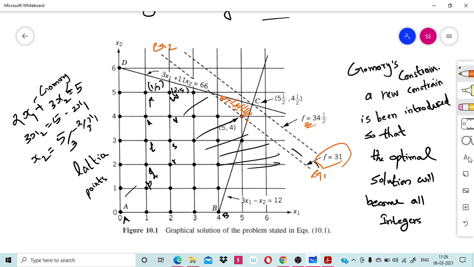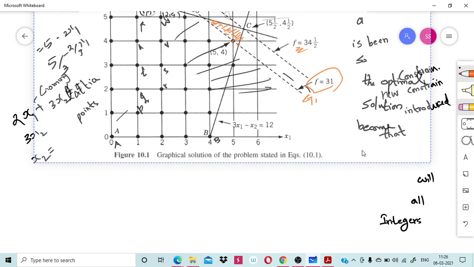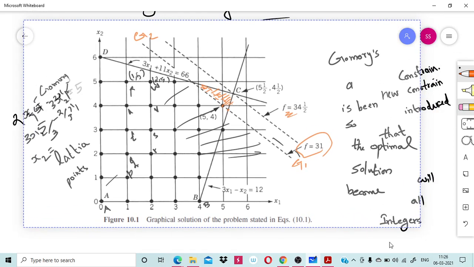So all the conditions for an all integer LPP are satisfied in this case. So this Gomory constraint will give our all integer solution, and we will stop there. We get the all integer solution, and it is also minimizing our objective function f equal to 31. This is our concept.